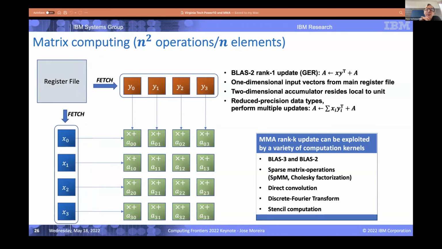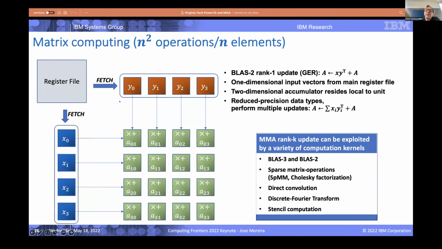Now with matrix, it works a little bit differently, because in order to go to the next dimension up, what you see here is that the stuff in green is not the same number of elements as the input registers. So what we did in the architecture is introduce so-called accumulator registers, which are 512 bits wide instead of the 128-bit wide vector registers.